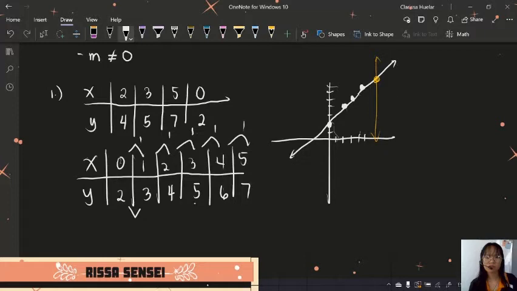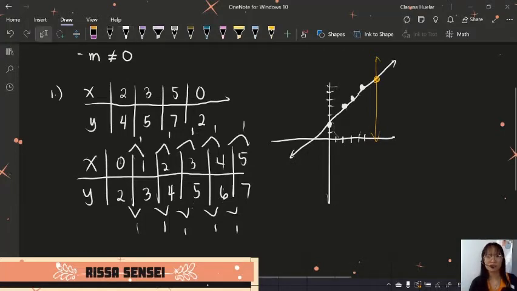Tapos dito, kuhanin natin yung difference. 3 minus 2 is 1, 4 minus 3 is 1, 5 minus 4 is 1, 6 minus 5 is 1. So, pare-parehas sila. Meron silang tinatawag na common difference. So, kapag may common difference yung values of x, basta sunod-sunod yun, tapos yung values ng y ay may common difference din. Therefore, this is a linear function.